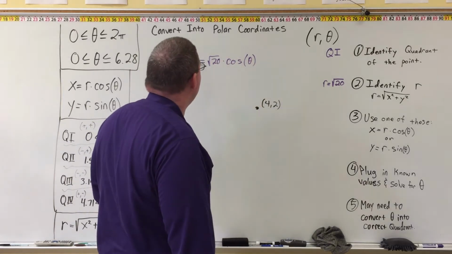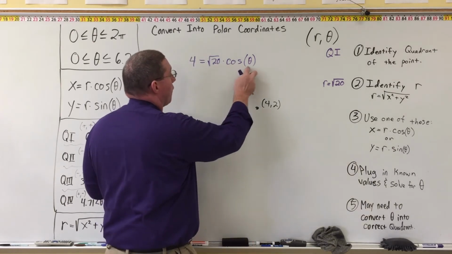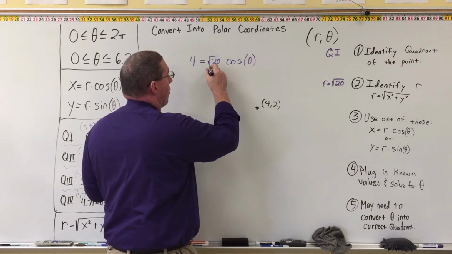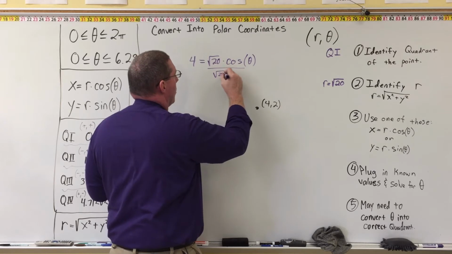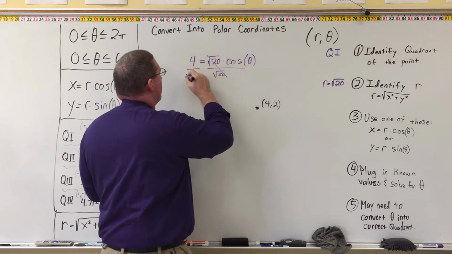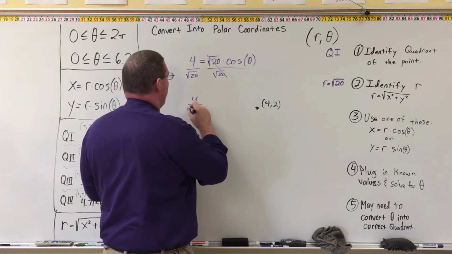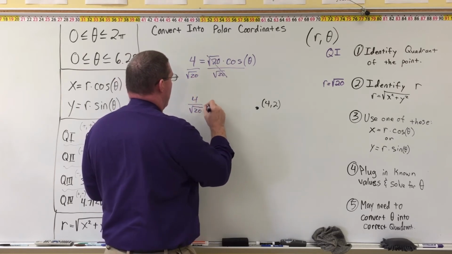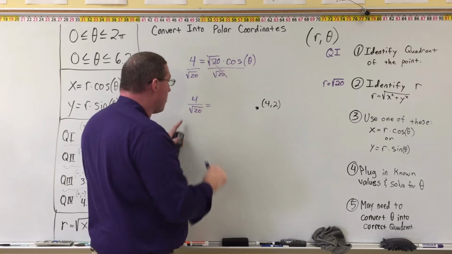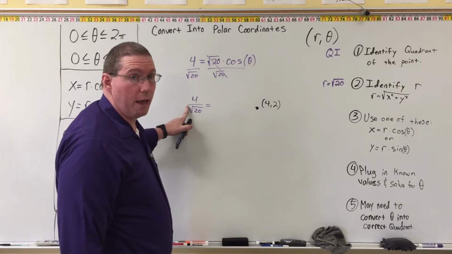Now I need to solve for theta. The first thing I have to do is get rid of the r. So I'm going to divide by the square root of 20 on both sides and cancel. Now I have 4 over the square root of 20 is equal to cosine of theta. I'm not going to turn this into a decimal and round it.